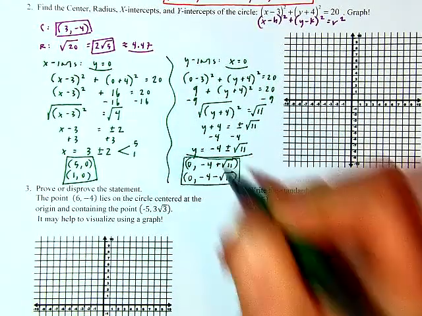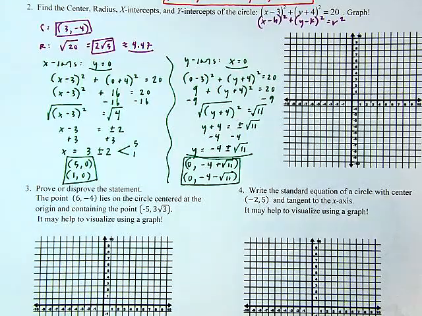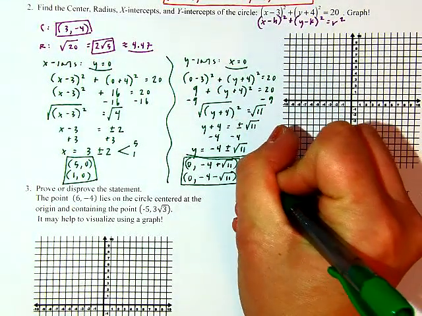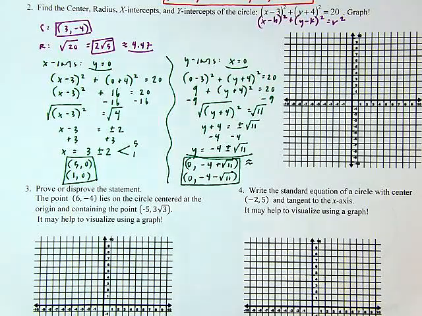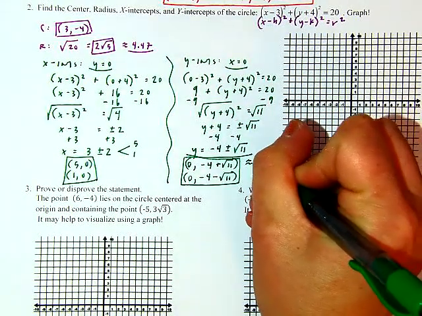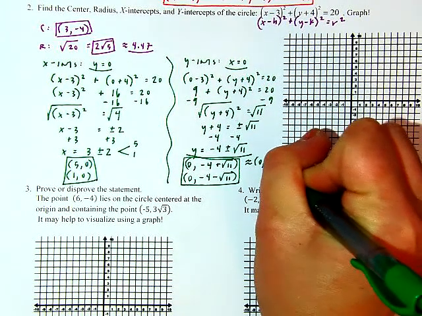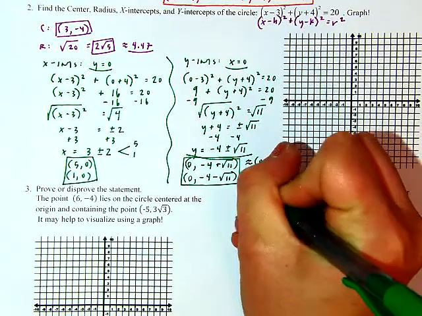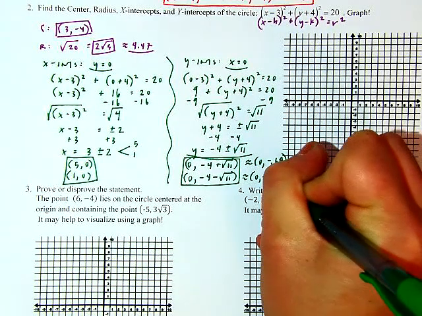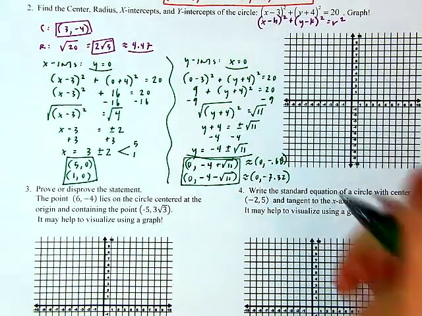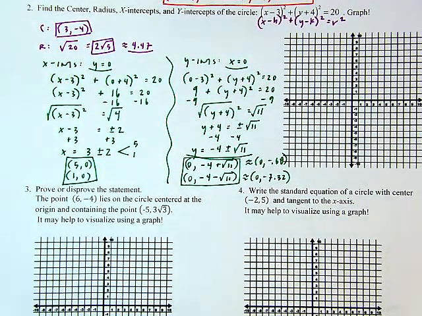Now to graph those, though, I'm going to need their decimal approximations. So here, this first one, negative 4 plus root 11 will get me 0, comma, negative 0.68. And the second one, 0, comma, negative 7.32. So again, that's just going to help me graph it more precisely.